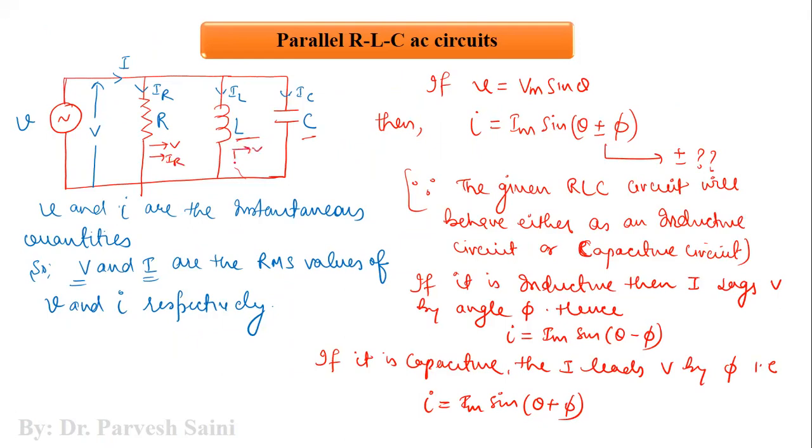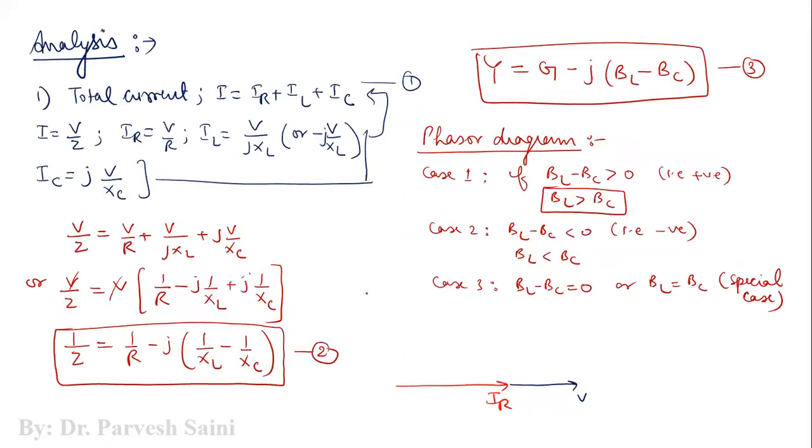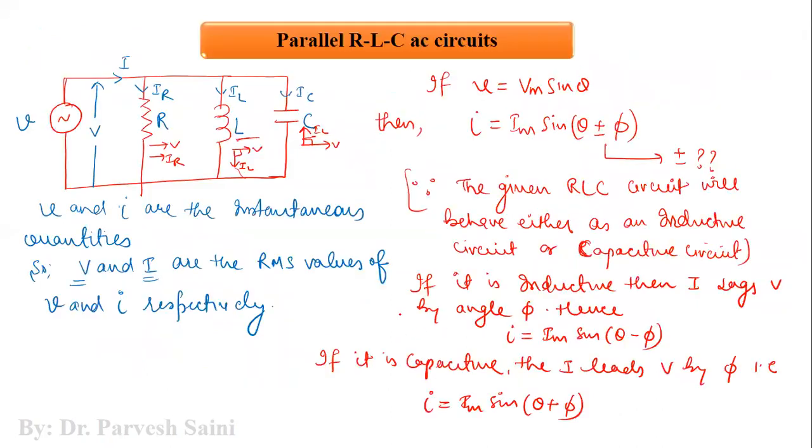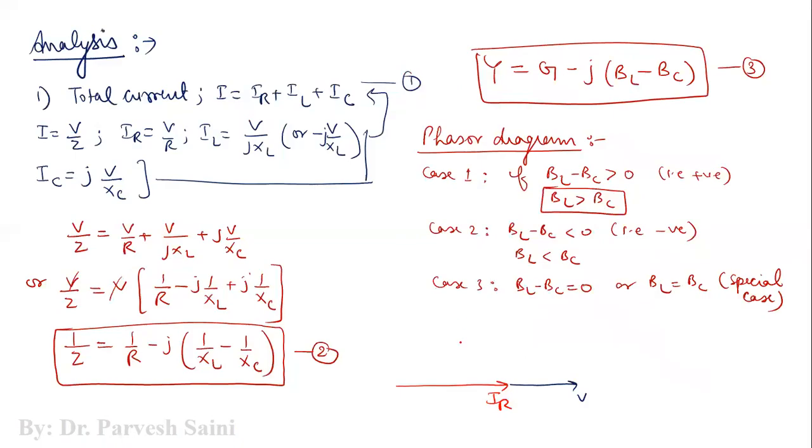Voltage V is leading the current IL by 90 degrees, and the current is leading the voltage V by 90 degrees in the capacitor, right? So we can apply the same concept here also. Now the current across the inductor would be lagging, so let us draw it. First of all, we have IC, which is leading V by 90 degrees, and then we have IL, which is lagging the voltage by 90 degrees.